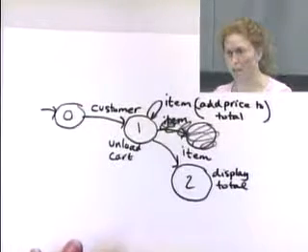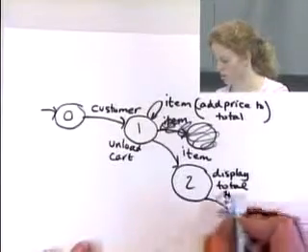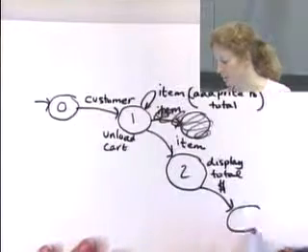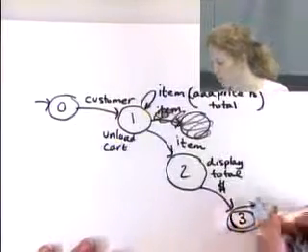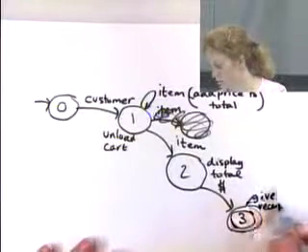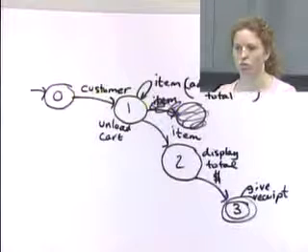And the customer needs to pay, right? So now you get money, and then you give a receipt, right? So this state would be the final state, and I give a receipt in this state. So this is a really simple example of designing my cash register.